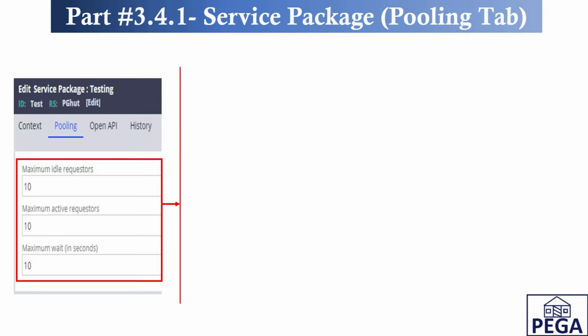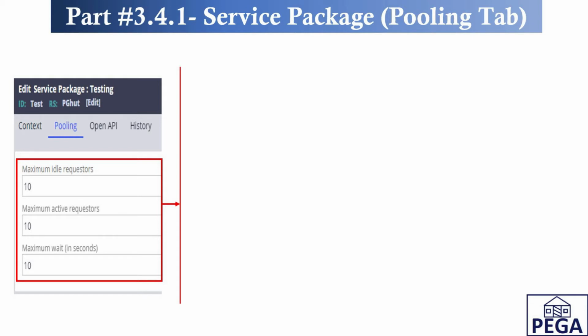Now when the external party is trying to hit it via Postman and test this API, the moment it reaches the service package in Pega, what Pega does internally is create a requester, because somebody has to process that request. Pega is going to create a requester depending on the access group that you have given, and that requester is going to be responsible for processing that request end to end.